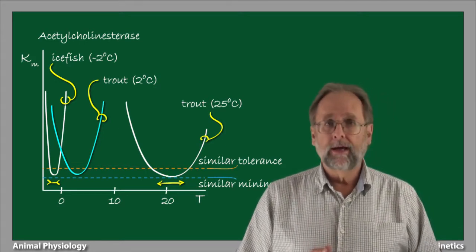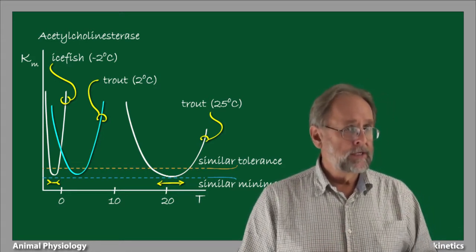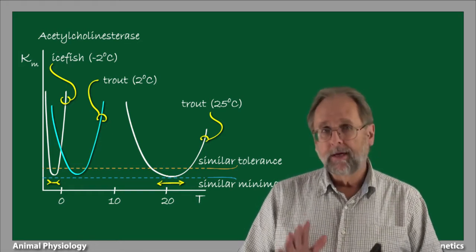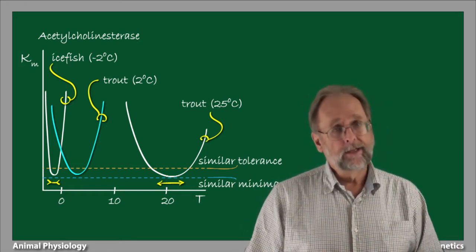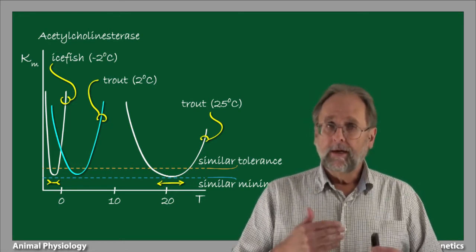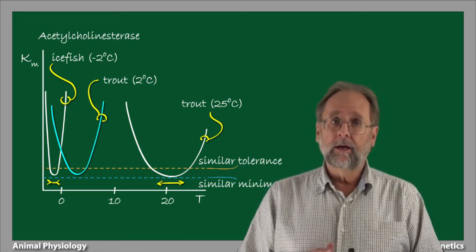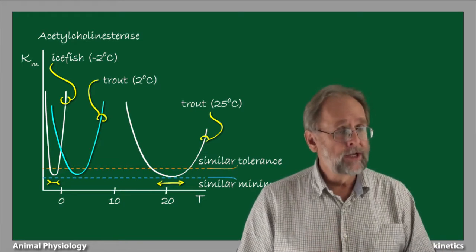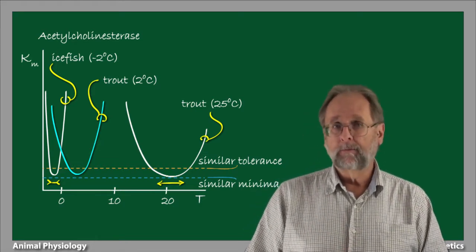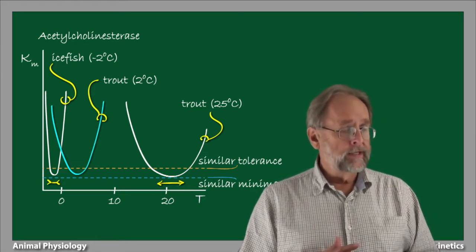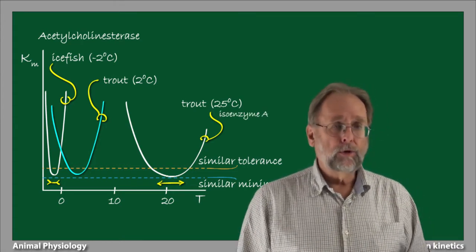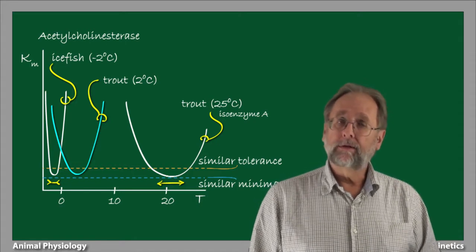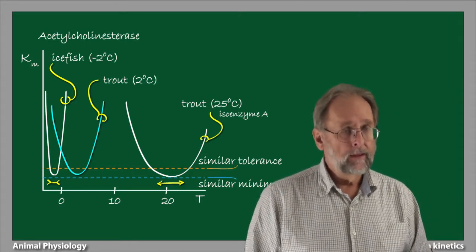Thus, the trout has at least two genes that can specify two different enzymes that catalyze the conversion of acetylcholine into acetate plus choline. Different enzymes that catalyze the same reactions are known as isoenzymes or isozymes. In this case, one enzyme, isoenzyme A, is the version of acetylcholinesterase that is produced at relatively warm temperatures.